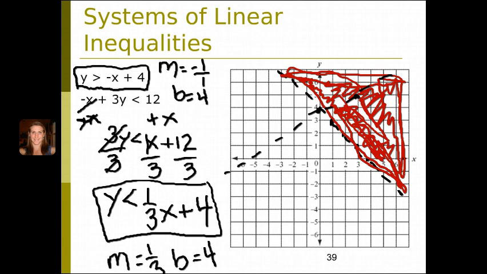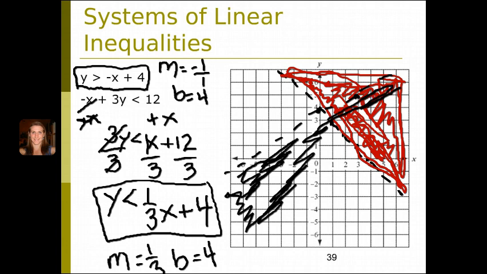I'm going to shade everything in the black that is below this line. It's going to include this part of the red, and all of this too. Everything below the boundary line is shaded.